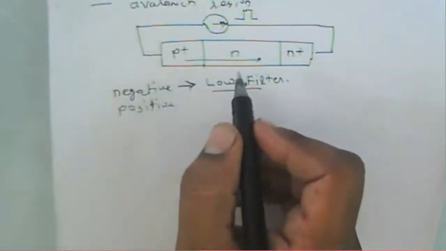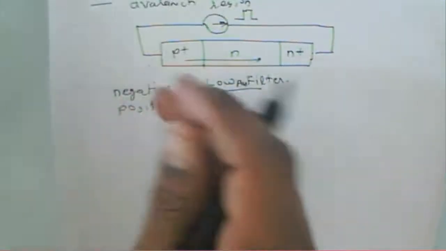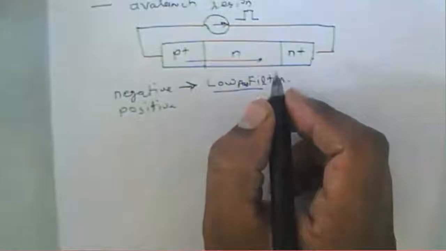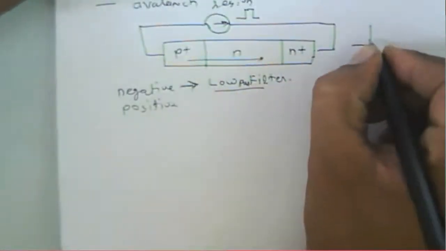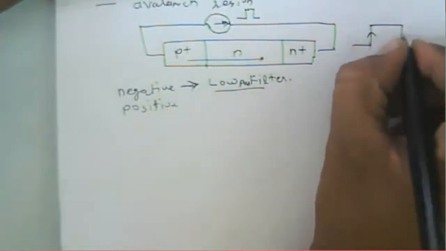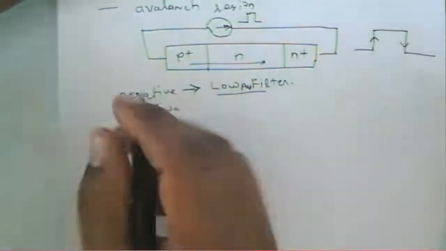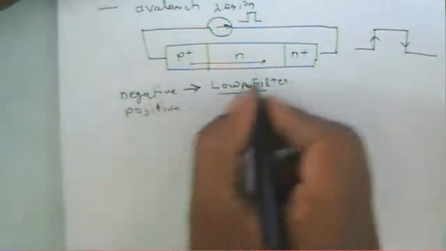When we have the positive pulse, that is a positive going pulse, and likewise the negative going pulse.